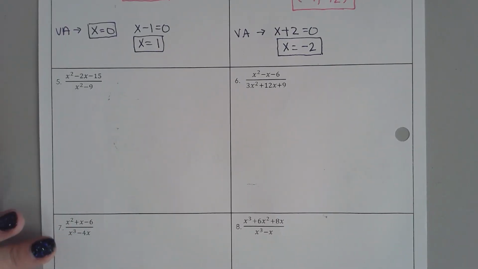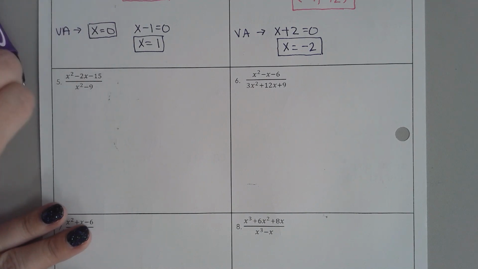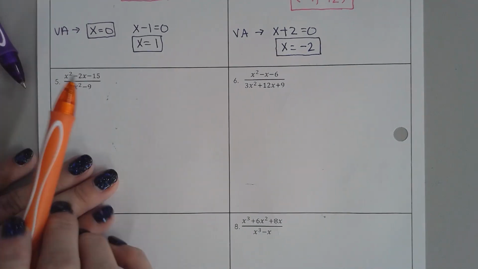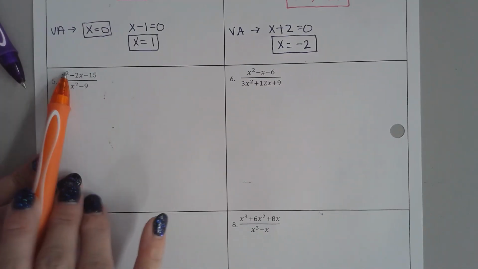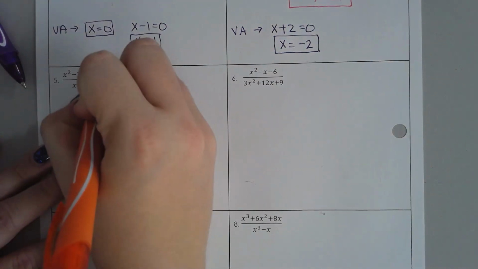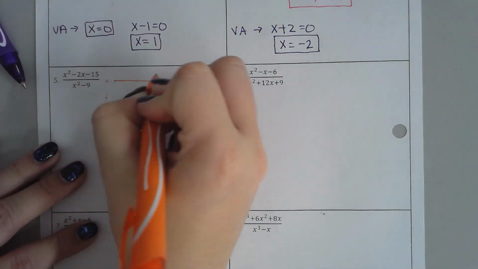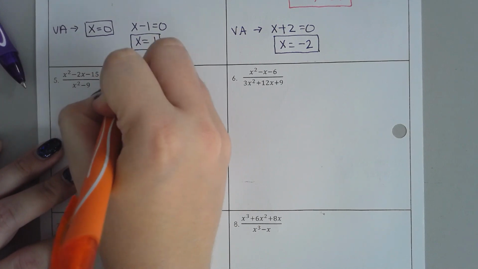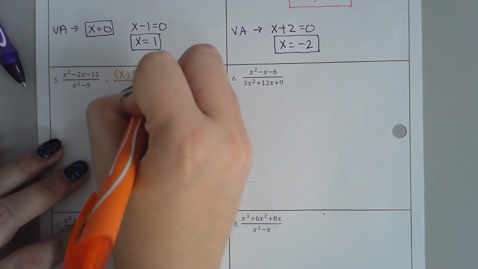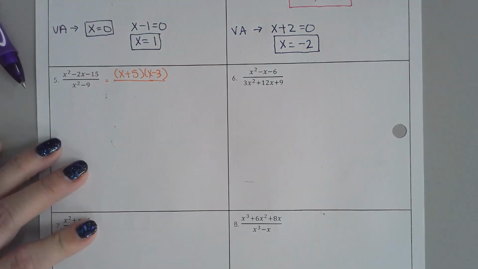Number 5. Two numbers that multiply to be negative 15 and add to be negative 2. Yep, 5 and negative 3, so x plus 5 and x minus 3 is how that factors.